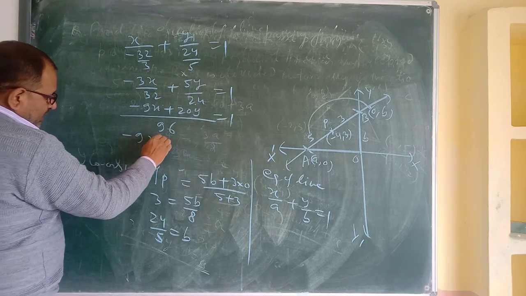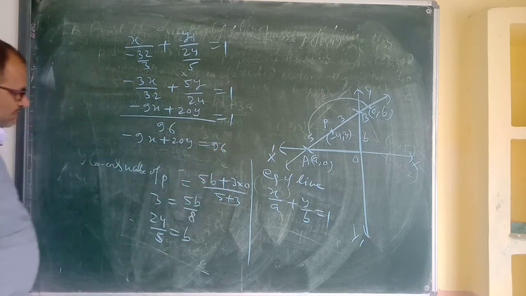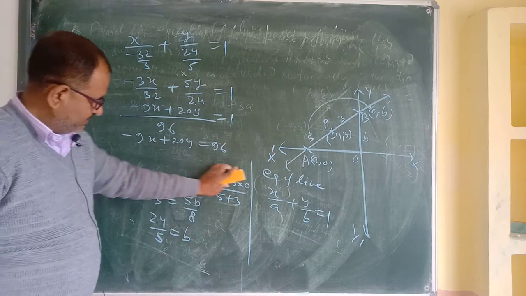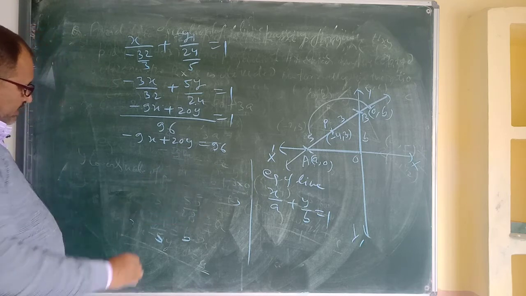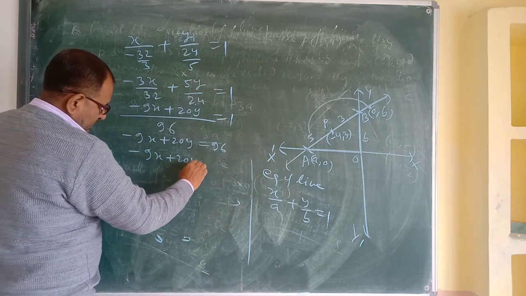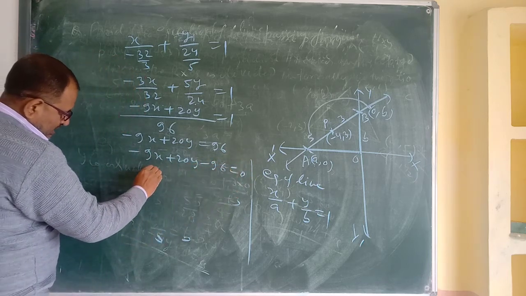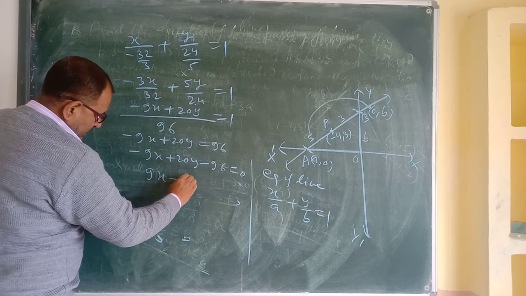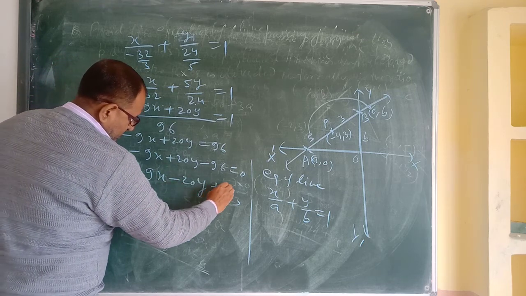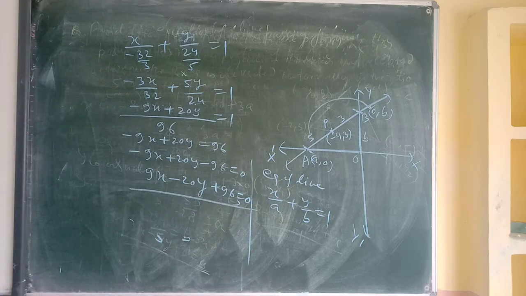So minus 9x plus 20y is equal to 96. Minus 9x plus 20y minus 96 is equal to 0. Multiplying by a minus sign, we get 9x minus 20y plus 96 is equal to 0.